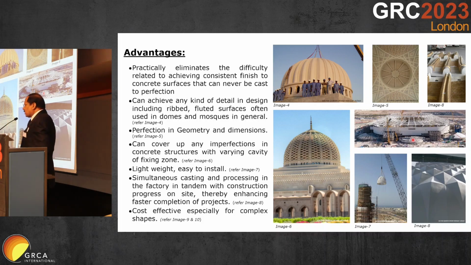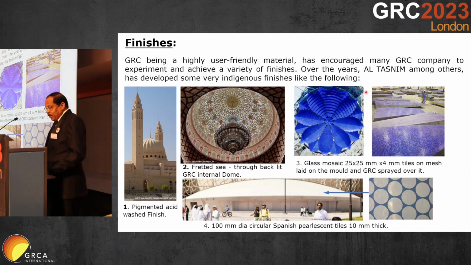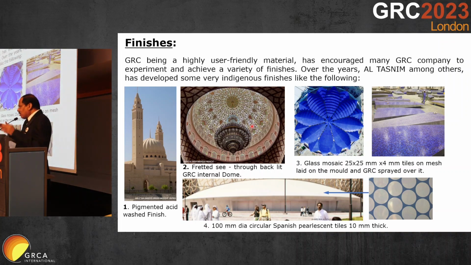So we assembled them on the ground and then lifted them up and placed them directly on the minaret. This is an application which is a reverse application. There is a glass dome on top and the GRC pattern, an open pattern, inside.